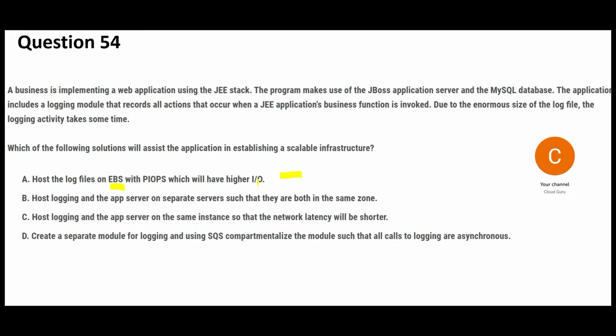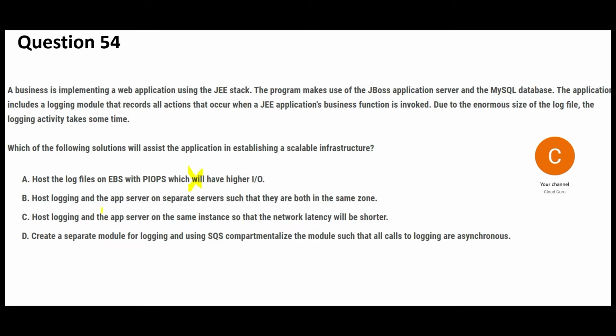I will be delivering your courier using a Ferrari, or I have a man who can run very fast. So this higher IO is just like a courier man who can run very fast. That is not the solution. In fact, it sounds very illogical.